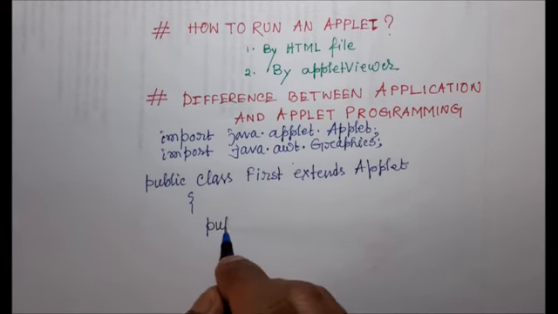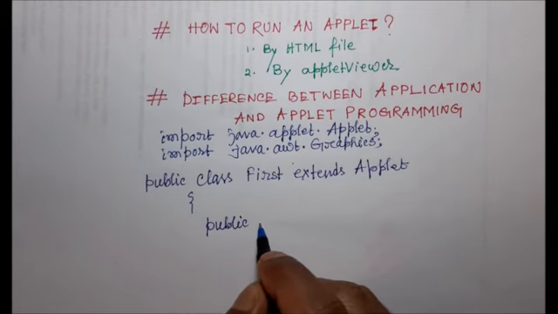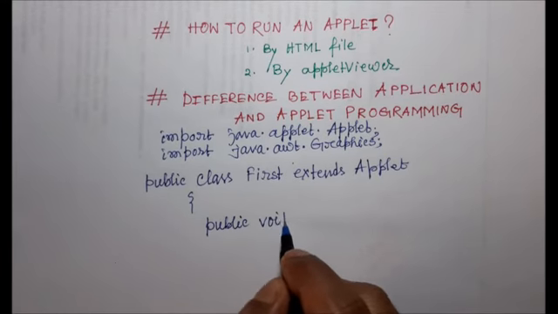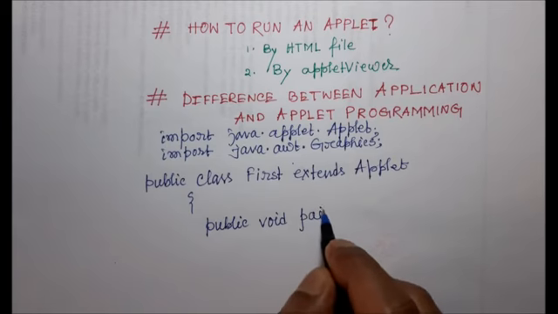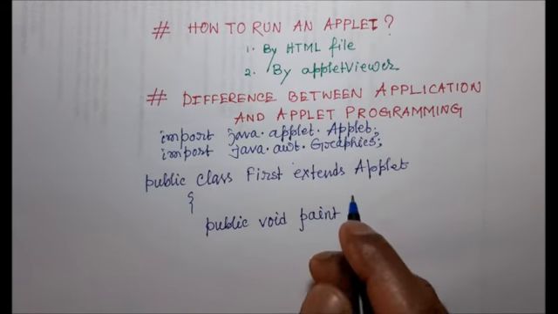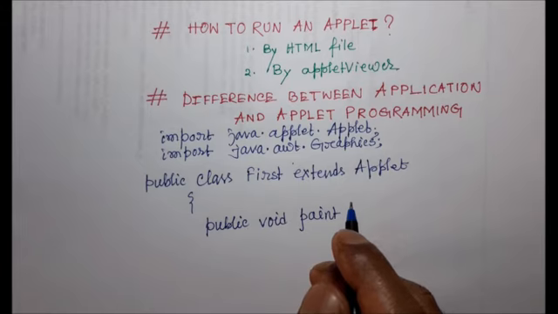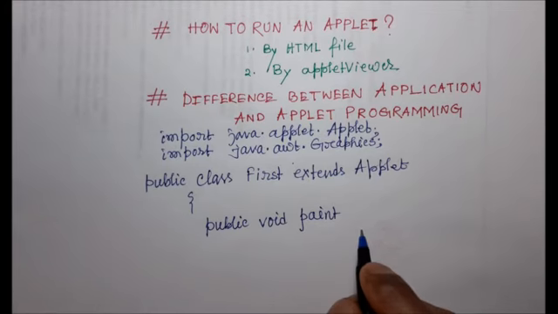So, if I want to print, I have to call public void paint method. Okay. So here we are not using system.out.println, we are not using write or print methods. Here we are just using the public void paint method.